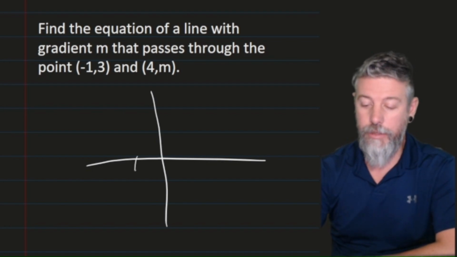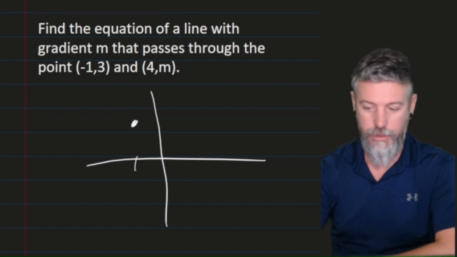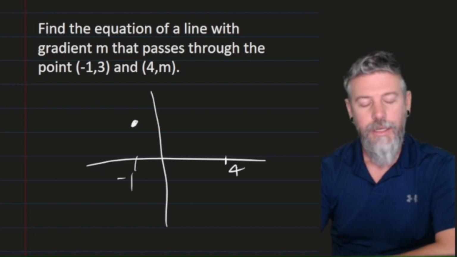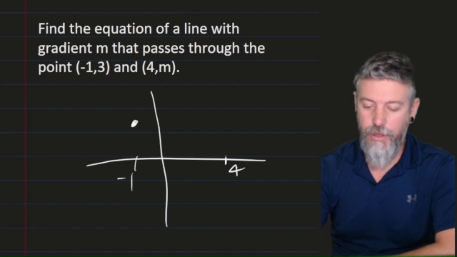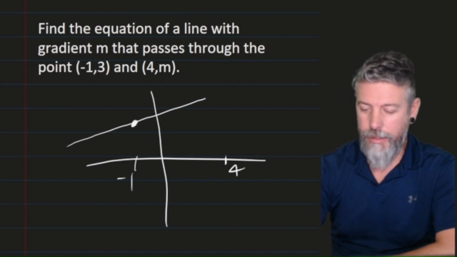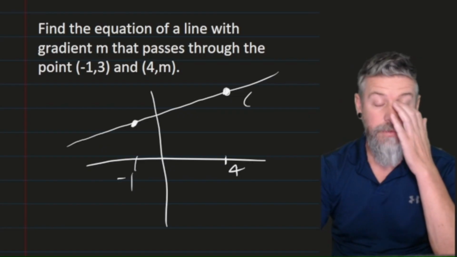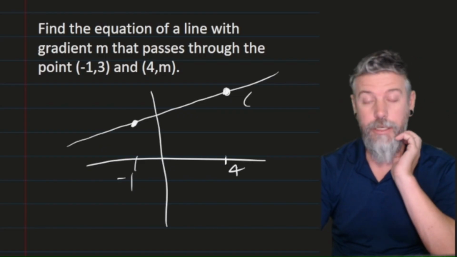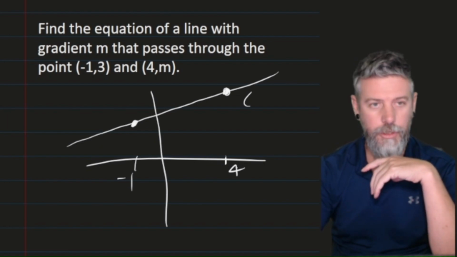So at (-1, 3), we have a point, and we're going to have a gradient of m, and it's going to hit some other point at x = 4. So let's have a think about whether or not this is actually possible. So let's say we drew a line like this, and it hit this 4 point here. Think about that. If, let's say, we did that with the most basic gradient of all, the gradient of 1. If we had the gradient of 1, it would go across 1 and up 1.